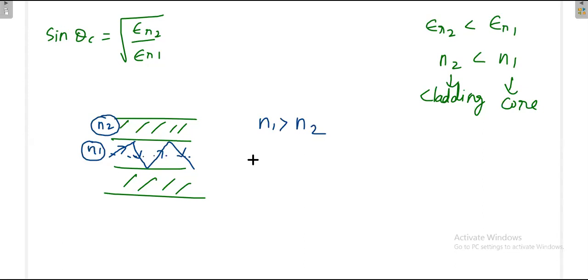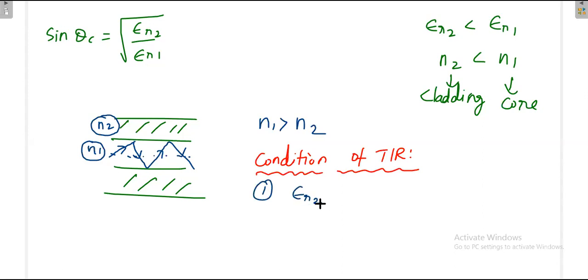Then what is the condition for total internal reflection? The first condition is that the relative permittivity of medium 1 has to be greater than medium 2.